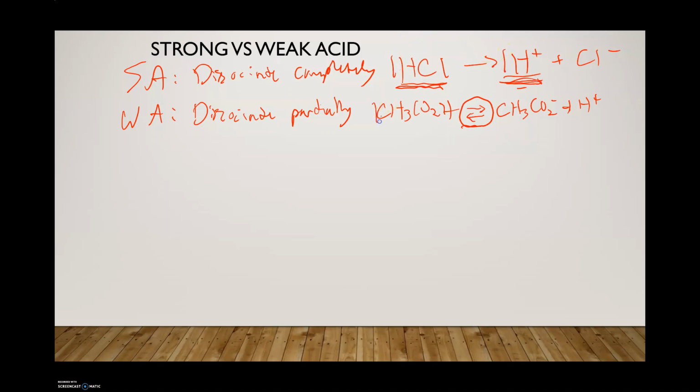Now, yes, we have a 1-to-1 ratio here of acetic acid to the hydrogen ions, but that doesn't mean that we're going to form the same concentration of hydrogen ions, because you have this equilibrium. And when we're working with an equilibrium, we have to go back to our equilibrium chapter and calculate using the equilibrium expression for a weak acid. But for a strong acid, it's a whole lot easier.